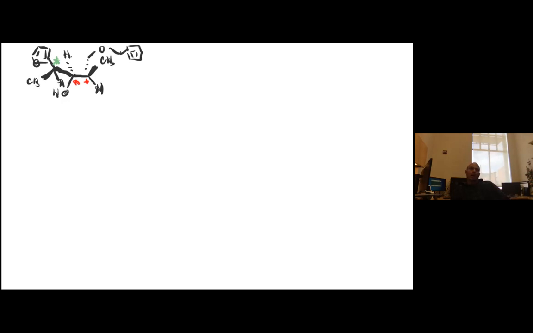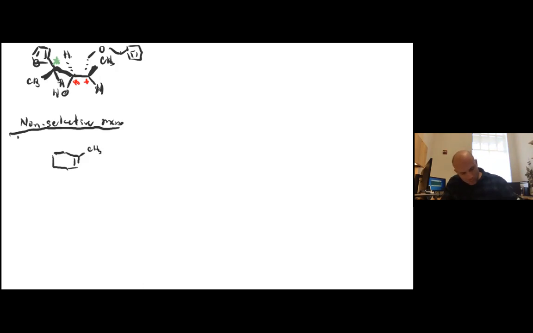So dibromination, you make a bromonium ion, bromide comes in from the back, right? And so we were calling that an anti-addition because the bromines end up on opposite sides of the alkene.